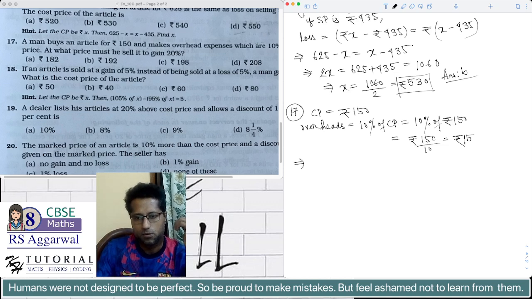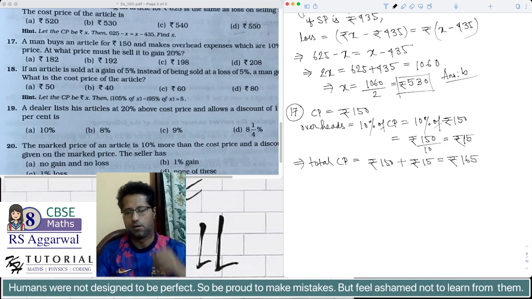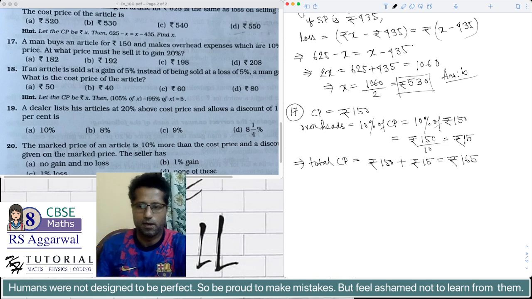This implies total cost price is equal to rupees 150 plus rupees 15, which is equal to rupees 165. So this is the effective cost price for the article.